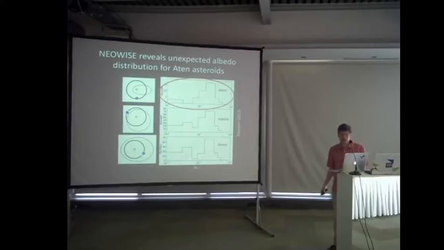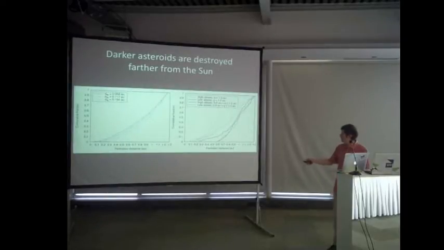And when you plot this, look at the cumulative distribution here on the right-hand side. You see that if you divide asteroids into high albedo in blue and low albedo in purple, they have different distributions. This can be statistically shown to be distinct distributions.